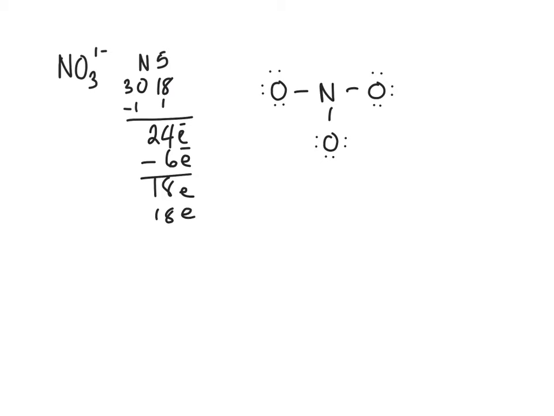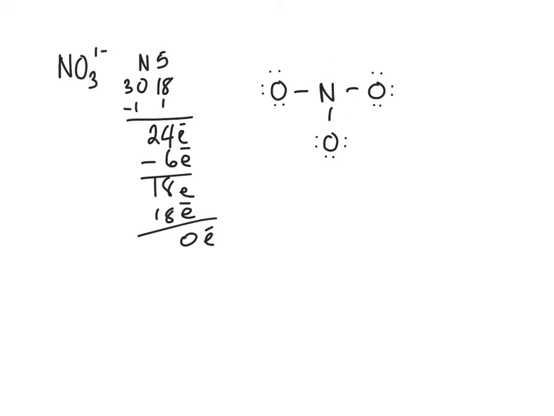So we have used 18 electrons. We have none left over. So we have used 8, 16, 24, which is all we had. Each of these oxygens is surrounded by 8, but nitrogen is only surrounded by a total of 6.